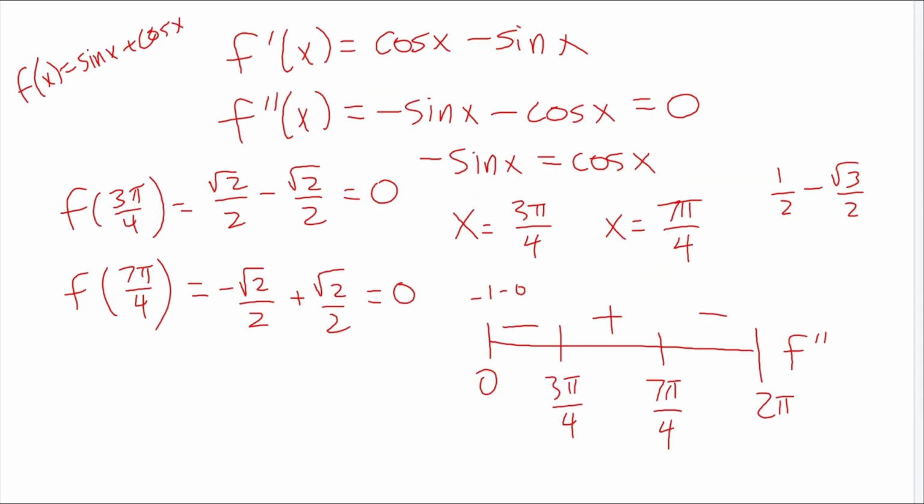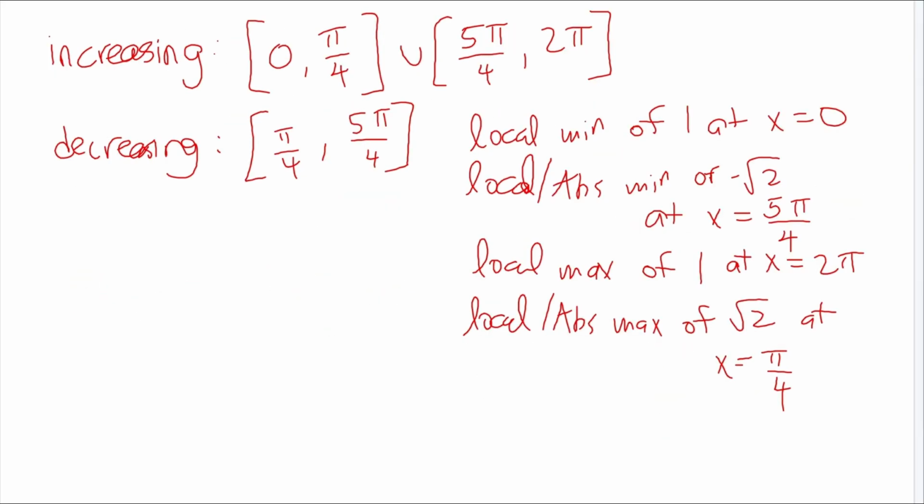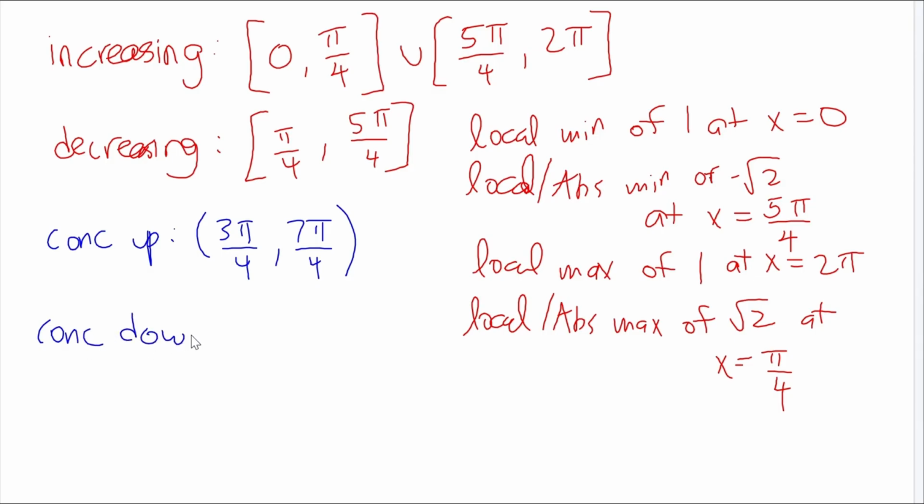And from the second derivative, we can see that we were concave up from 3 pi over 4 to 7 pi over 4 right here. So we'll say concave up, 3 pi over 4 to 7 pi over 4. And we were concave down on the other intervals.